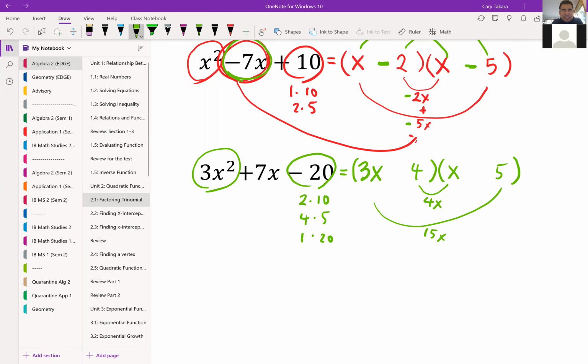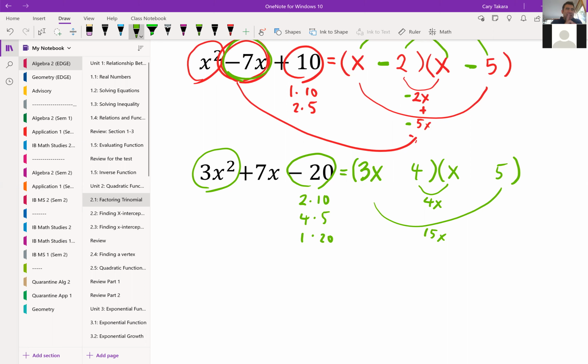Can you create 7x out of that, 4 and 15? And the answer is no, it's impossible. By adding them, you get 19, right? 15 plus 4, that's 19. If you subtract, 15 minus 4 is 11. Either way, you will not get 7x.